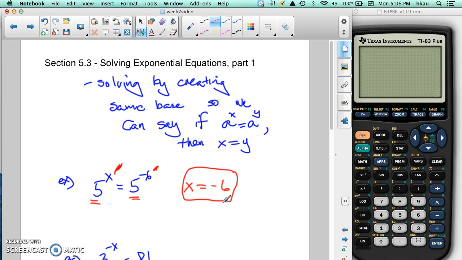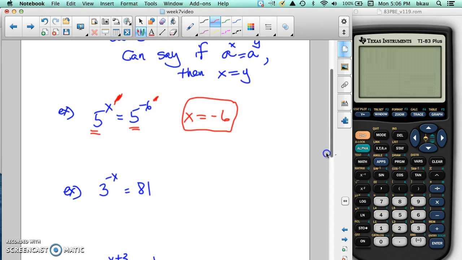Now, if we have a function where we don't have the bases being the same, we have to create the same bases by looking at this factor and saying, okay, can I reduce this into another factor? Well, 3 to the x is the lowest factor I can use there, but 81 has some factors of 3 in them.